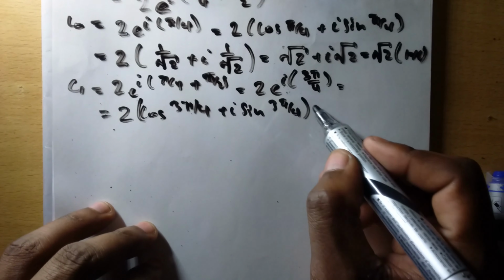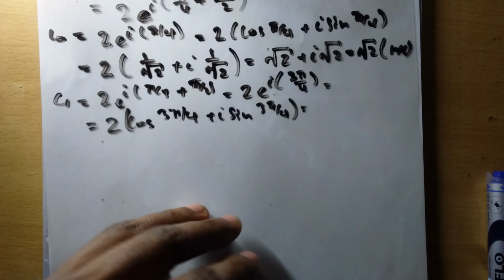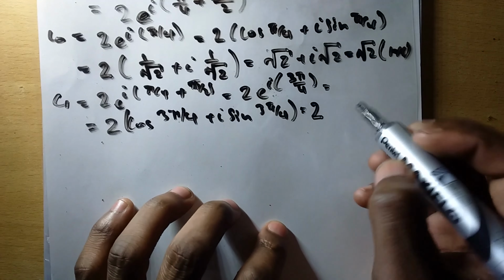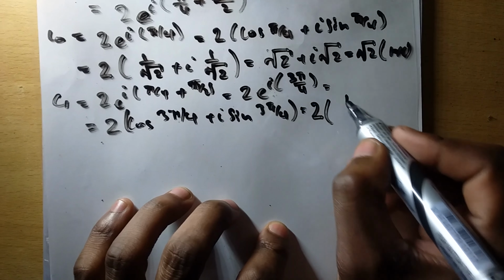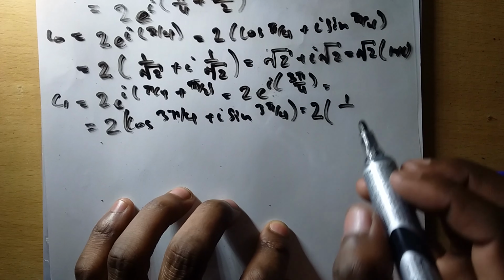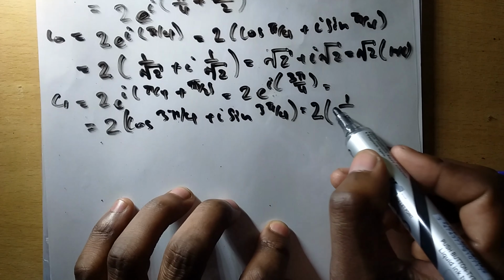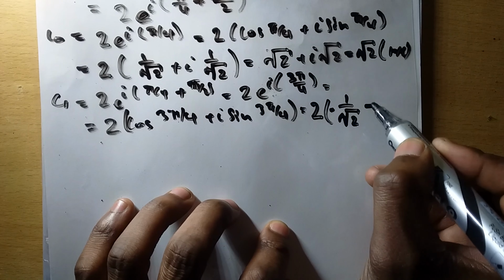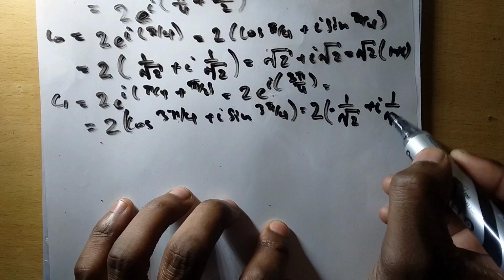Okay, this will be equal to, now 3 pi over 4 is also a special angle with respect to pi over 4. My pen is running out, guys. I'll show you as we finish. And then we're going to have plus i times 1 over the root of 2.